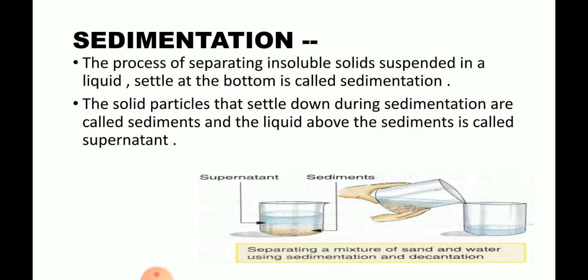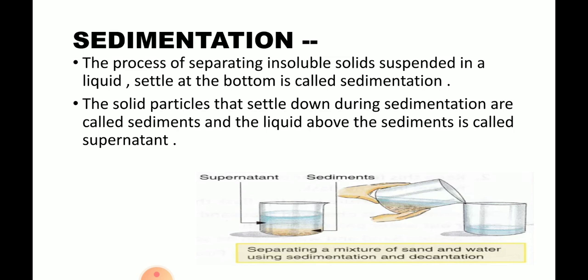See the picture. First it is telling us that the heavier particles which are insoluble settle, and this is called sediment, and the water which contains the impurities is called supernatant. Now in the other picture, she is doing the decantation method.